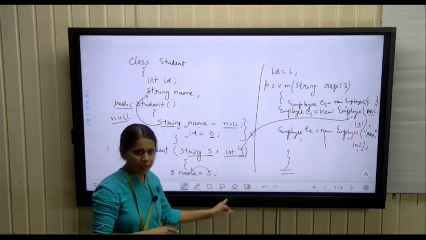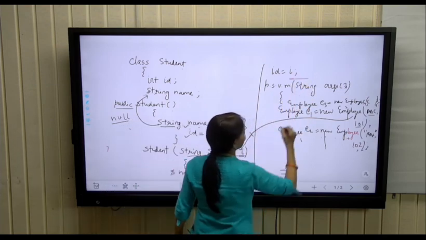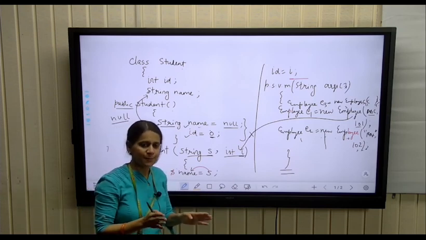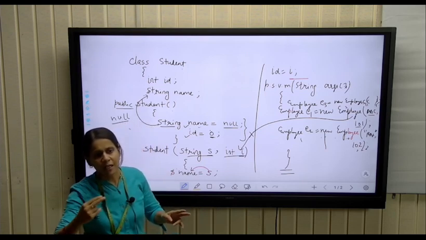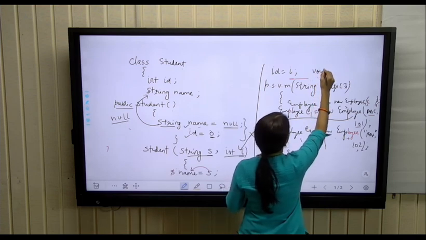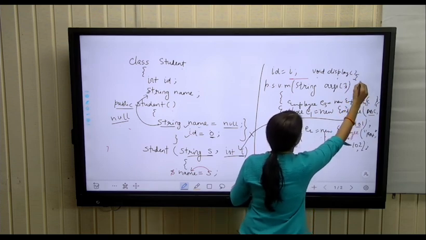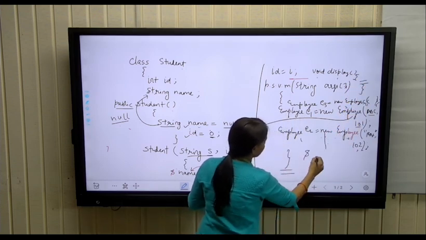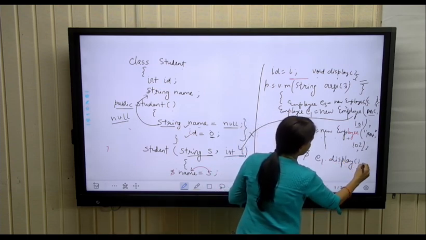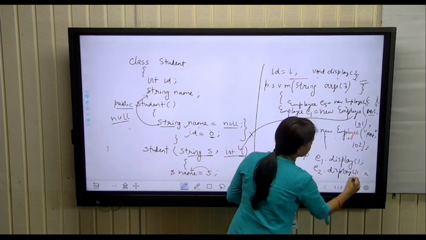If you want to display your output, then you have to declare another function before this main function. मेन फंक्शन से पहले आपको एक फंक्शन लेना होगा, डिस्प्ले फंक्शन, जो आपकी स्ट्रिंग नेम और आईडी को डिस्प्ले करवा दे स्क्रीन के ऊपर, ठीक है? तो उसके लिए हमारे पास एक फंक्शन आता है, that is the display function, right? And the display function will be called by using this one. डिस्प्ले फंक्शन को आप इस तरीके से कॉल करेंगे.